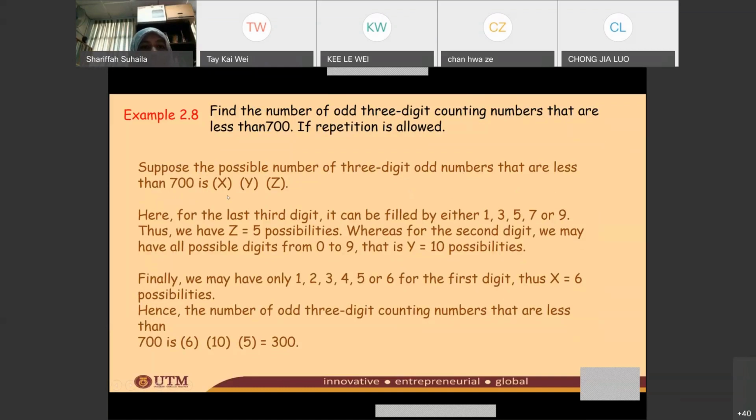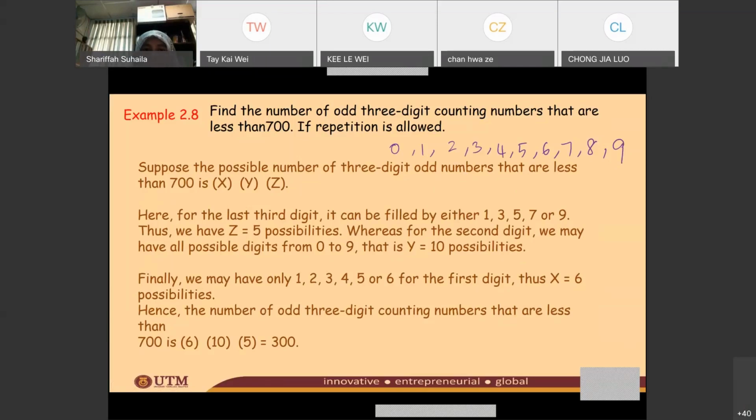Suppose you have the possible number of 3-digit odd numbers that are less than 700. Katakan kita ada X, kita ada Y, kita ada Z. So again, digit number, kalau nombor digit, that means you have 0, 1, 2, 3, 4, 5, 6, 7, 8 and also 9.